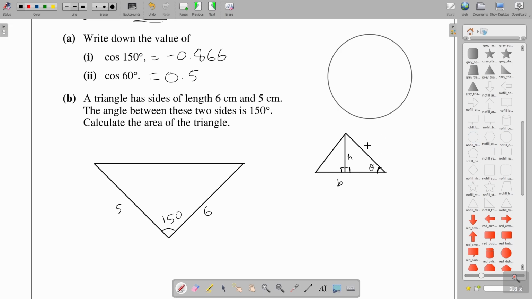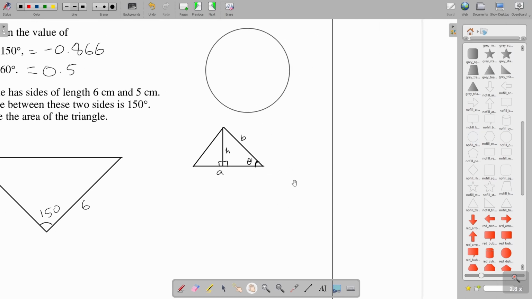Considering one of these sides, how about I call this side b, and let's call this side a, why not? Although it wouldn't really matter. So if I were to find h right now using this one, we could use sine, we could use cos, whatever, right?